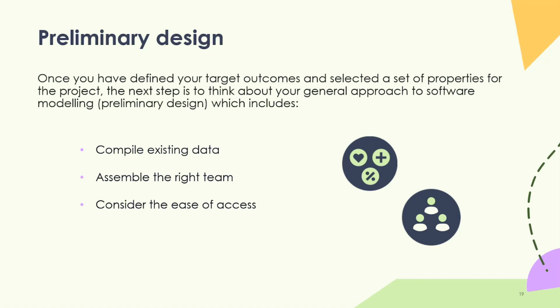So firstly, compiling the existing data that you have, including what kind of stock and what measures would be suitable to get them to the set target. Then getting the right team in place, so talking to your asset team, thinking about who's going to be delivering this, who's going to be the project officer for this particular project, what resident liaison officers you will need to deliver the project, and who your contractors are to deliver the program of works that you set in place.